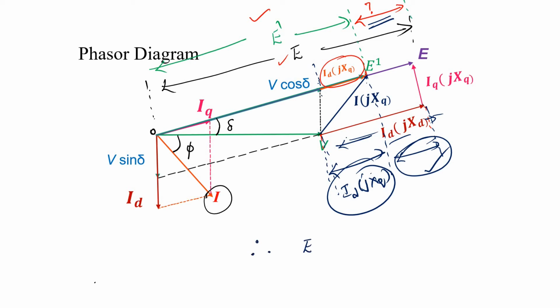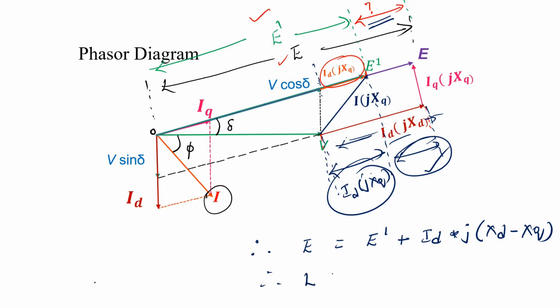Therefore, the generated EMF E is equal to the internal voltage E dash plus, if you see here, both the quantities have the ID value. This is ID into JXD, this is ID into JXQ. So I can take ID common, XD minus XQ.